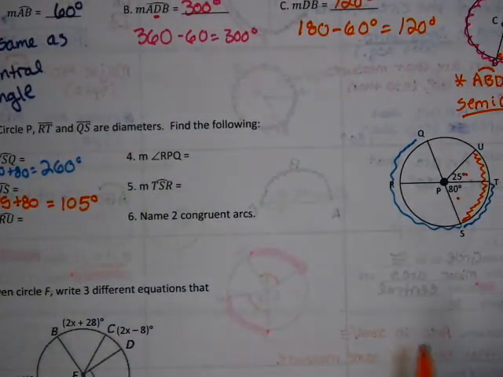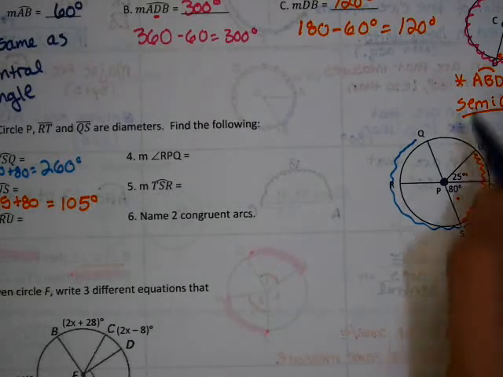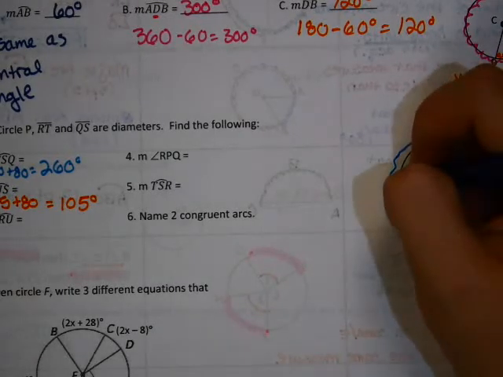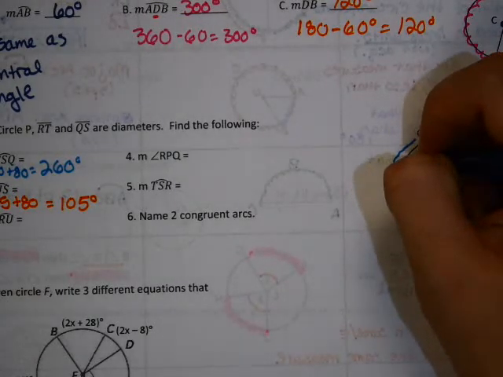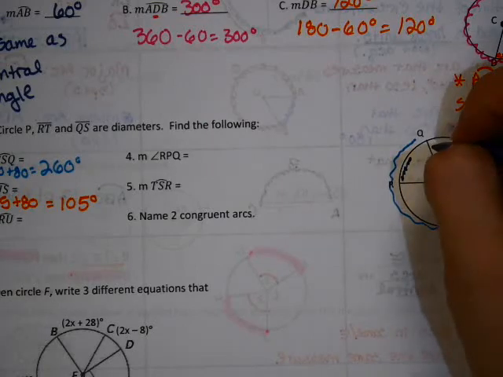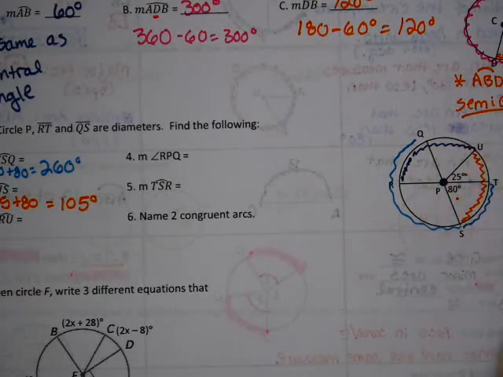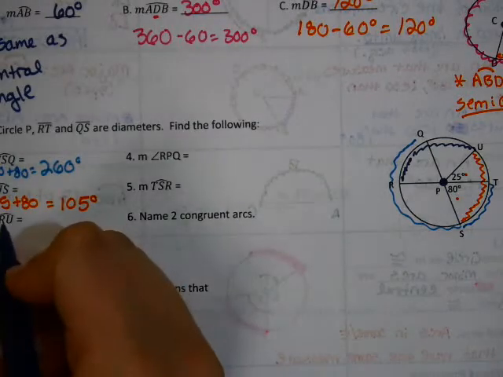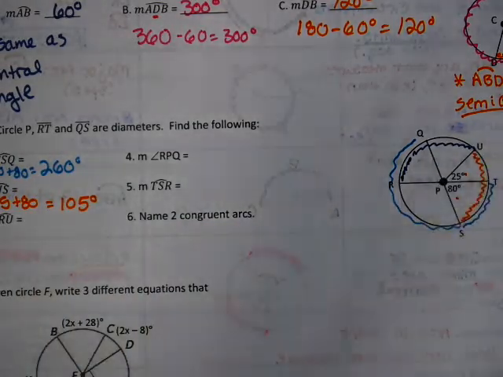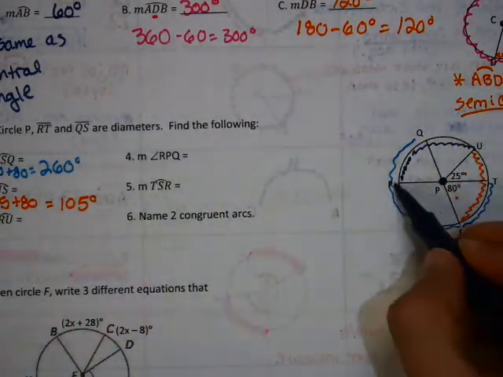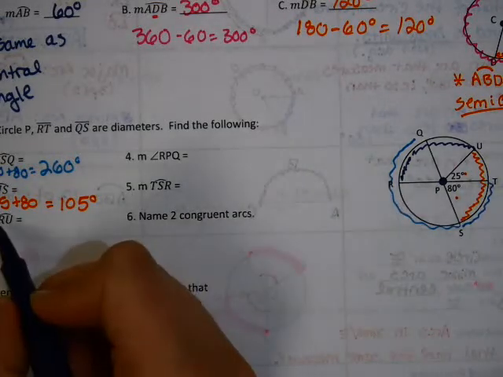Find the measure of arc RU. So that's going to be this one, as opposed to the major arc, because it's a minor arc.